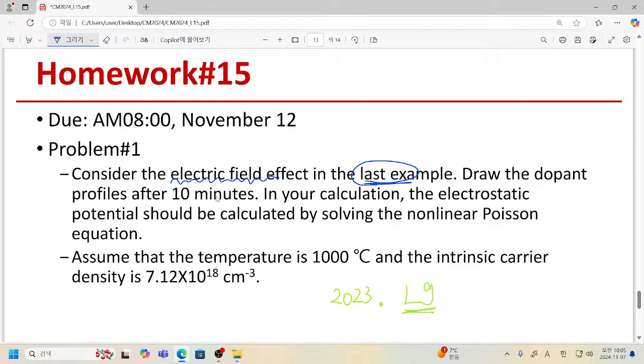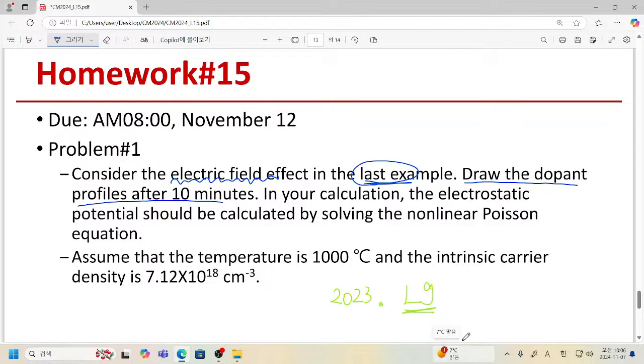Now we have studied two different approaches. One is rigorously solving the nonlinear Poisson equation, and the other is just to approximate the electrostatic potential under the charge neutrality condition. Please try both of them and draw the dopant profile after 10 minutes.